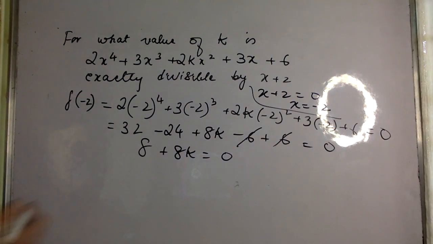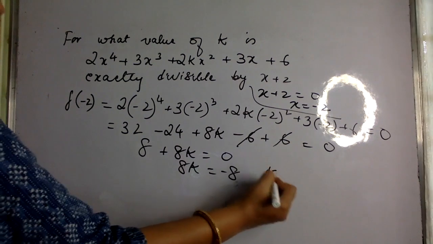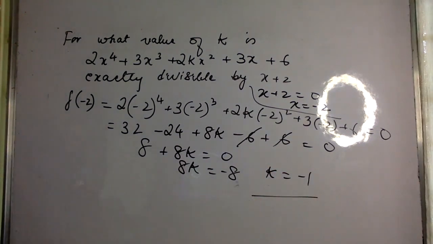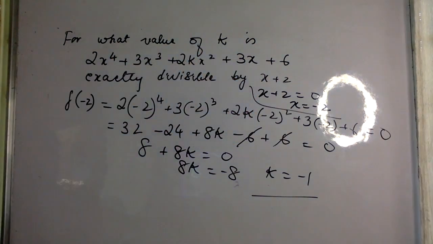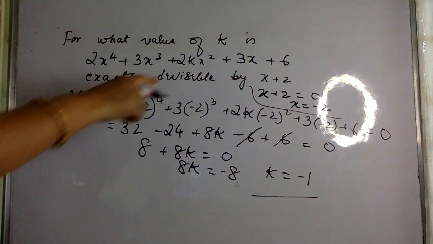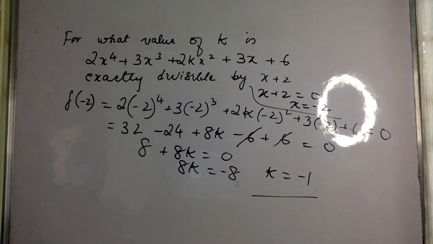So 8k is equal to minus 8, k is equal to minus 1. So the value of k for which this expression is a factor of this is minus 1. So if you put minus 1 over here, this one will be divisible by that one, that is, the remainder will be 0.